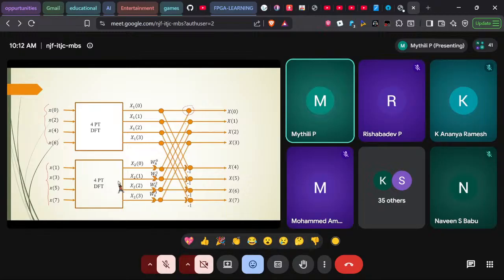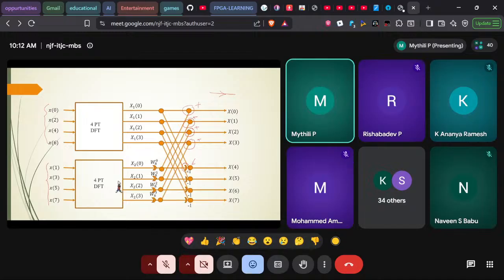These indicate additions. Each node indicates addition. And here you can see a multiplier. An arrow pointer indicates a multiplier. Here the multiplier is -1, and this is addition, so it is actually subtraction.